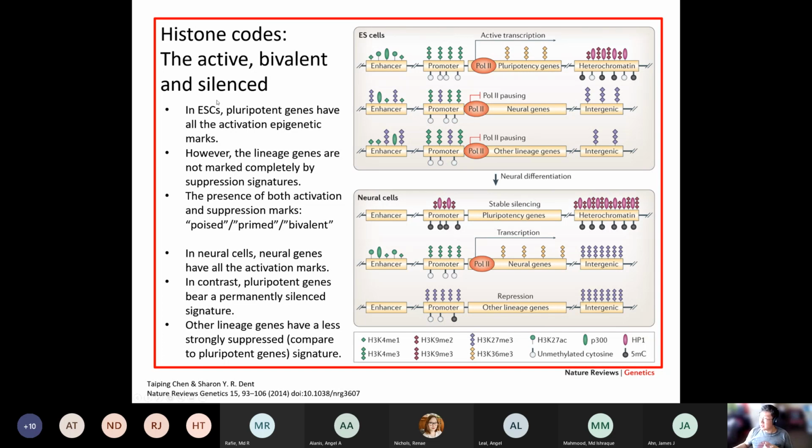I won't go there, because we explained that the pluripotent genes are active in ES cells, and of course they're silenced in neurons. So if you're interested, you can go through this and ask me questions. I guess one of the important things is to try to memorize some positive and negative modifications, such as K4 modification, which is almost always active.